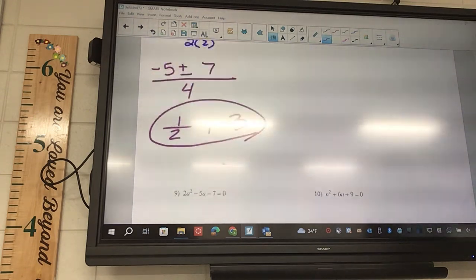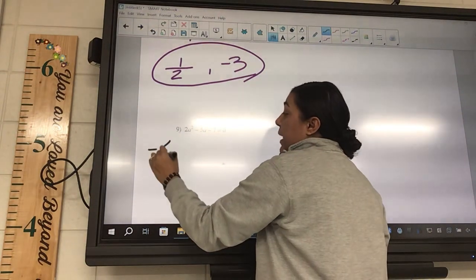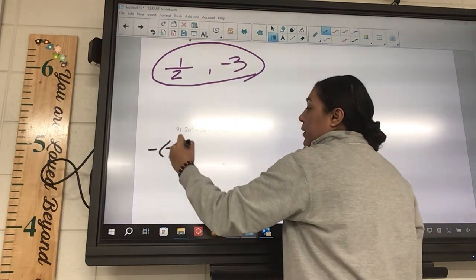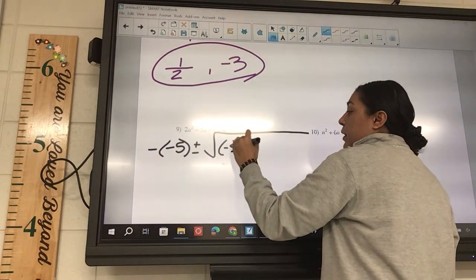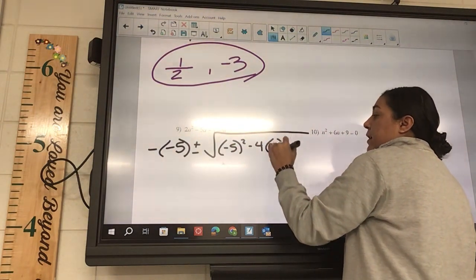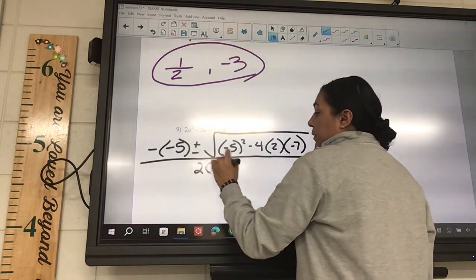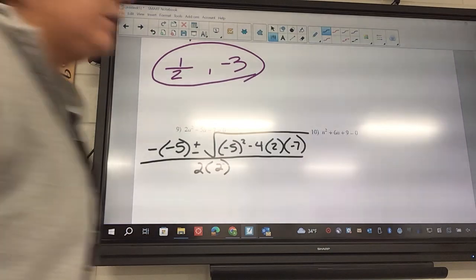Okay, last one. Again, this is what you're doing tomorrow, okay? So we got negative, my B. What's my B? -5. Plus or minus the square root, negative 5 squared minus 4 times my A times my C, all over 2 times my A. Okay, so we're gonna type in the square root and everything underneath of it.